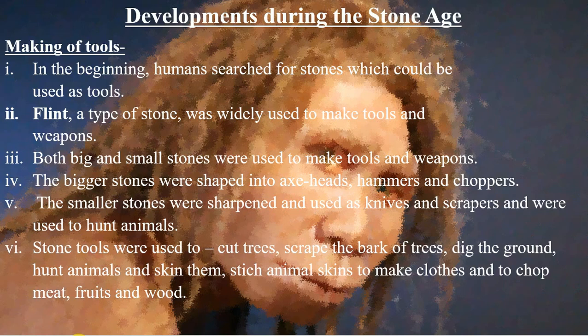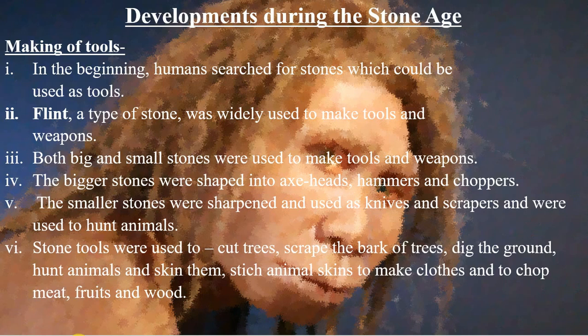As you can see here, in the table which we discussed yesterday, a large number of tools belonging to the three Stone Age periods have been found at many places. We have seen those places also: Bagor, Rajasthan; Chirand, Bihar; Bhimbetka, Madhya Pradesh; Karnool, Andhra Pradesh.